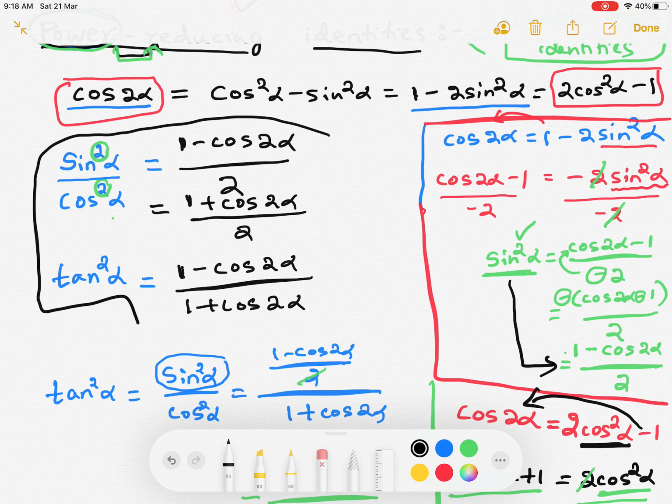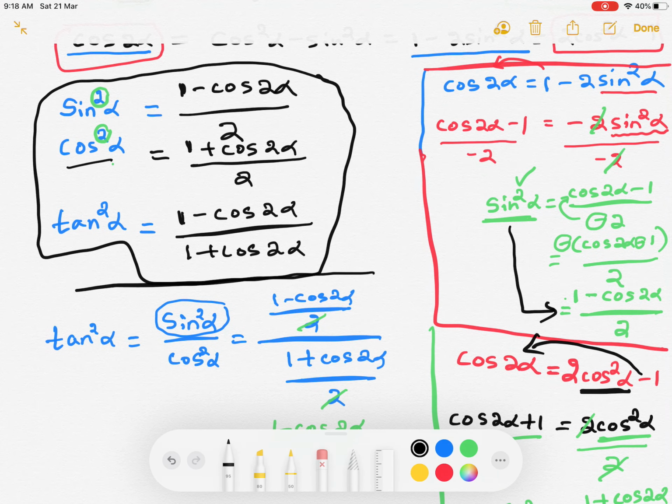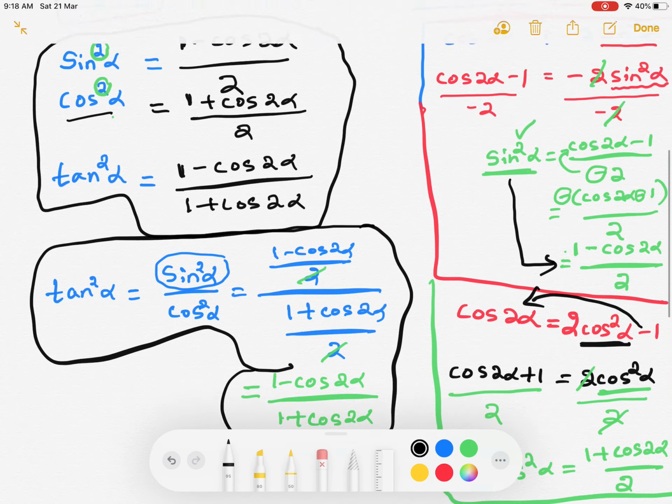So we got the formulas for the power reducing identities. Sine square alpha is 1 minus cosine 2 alpha over 2. Cosine square alpha is 1 plus cosine 2 alpha over 2. Tangent square alpha is 1 minus cosine 2 alpha over 1 plus cosine 2 alpha.